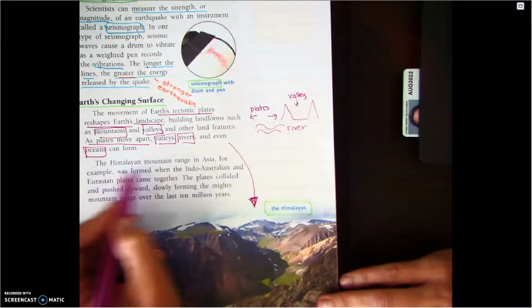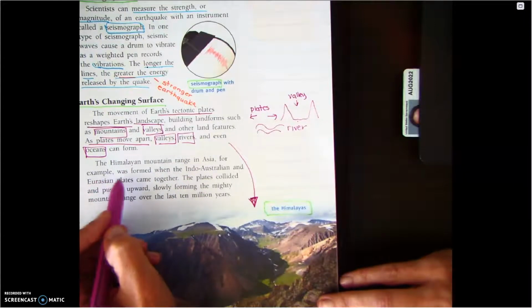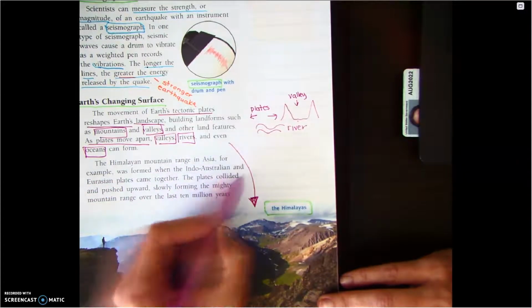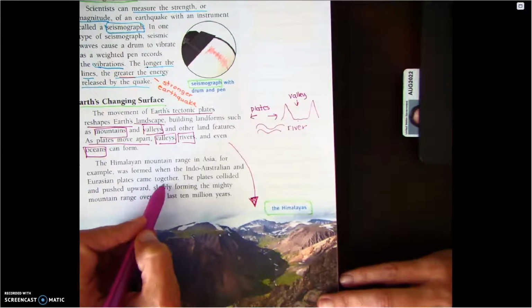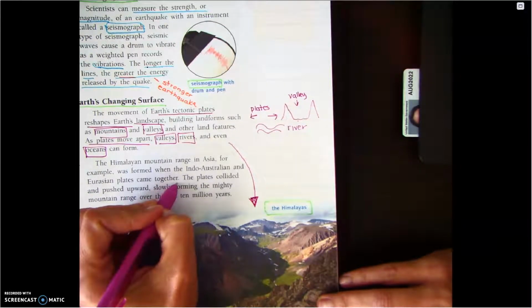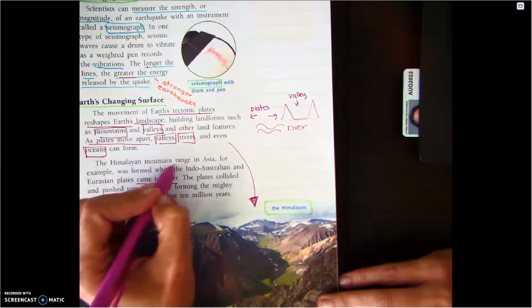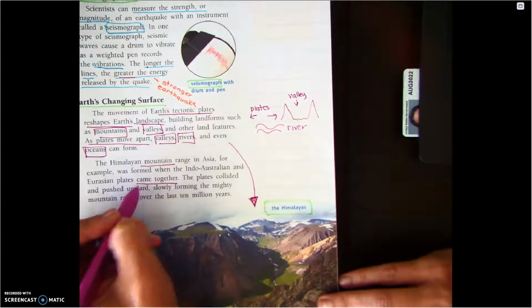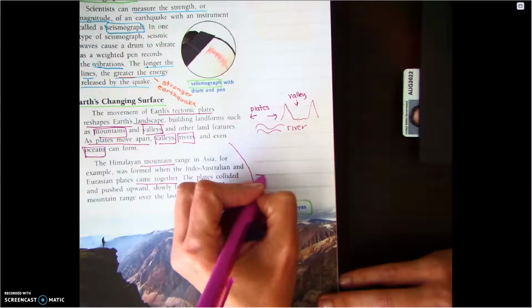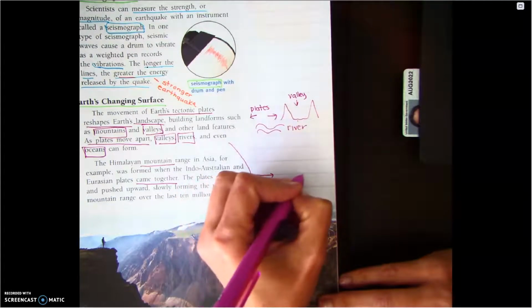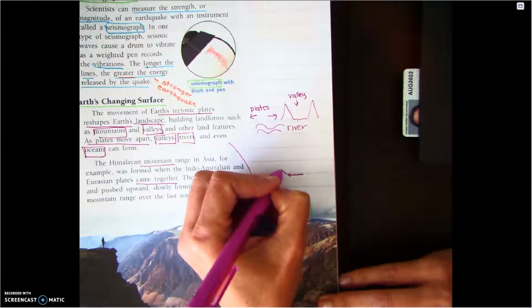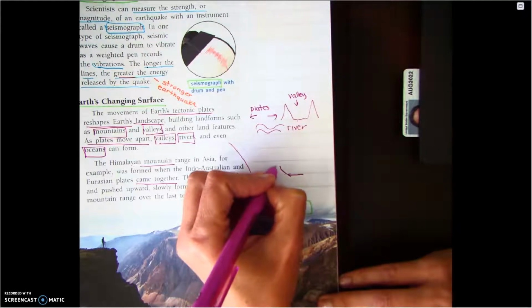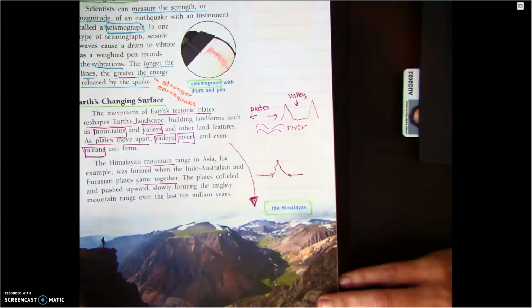The Himalayan mountain range in Asia, for example, was formed when the Indo-Australian and Eurasian plates came together. Oh, so apparently they have names. So the mountains are when they come together. This plate is moving this way, this plate is moving this way, and when they collide, the earth comes up and we start to have a mountain.